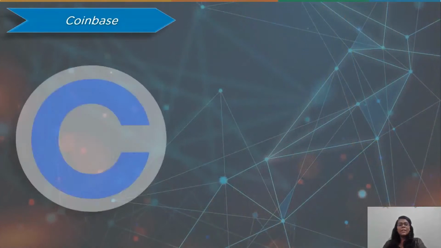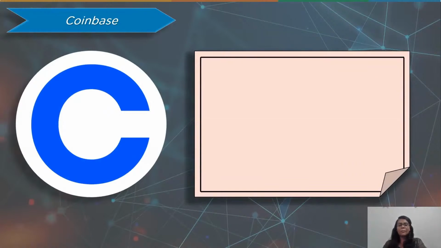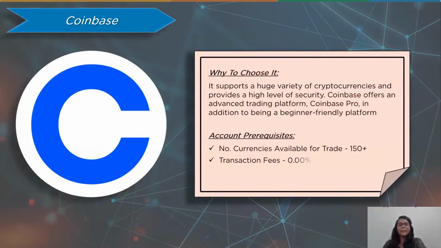For many first-time cryptocurrency buyers, Coinbase has become the go-to exchange. The platform has the appearance and feel of an online banking tool which the majority of consumers are already familiar with, making the transition to crypto investing simple. Coinbase is the finest cryptocurrency exchange overall as well as the best cryptocurrency exchange for beginners.